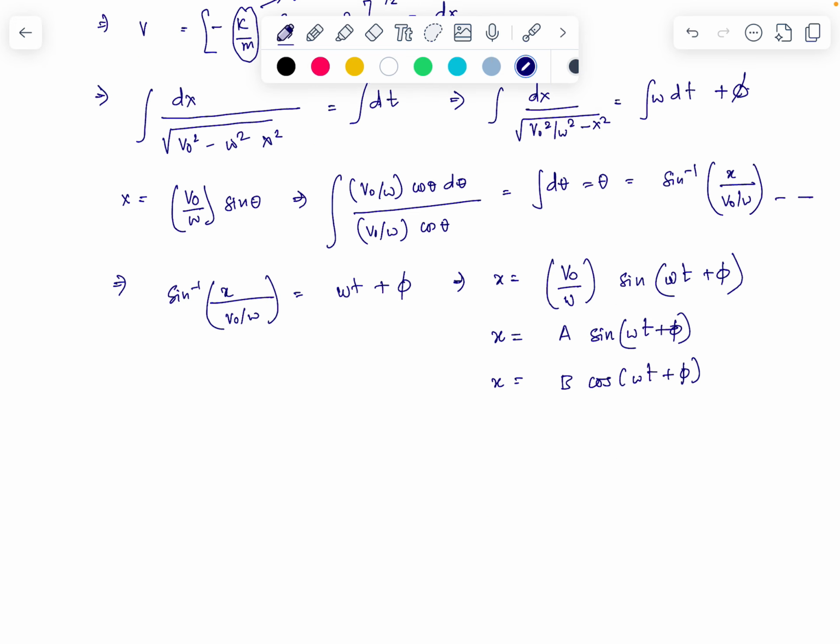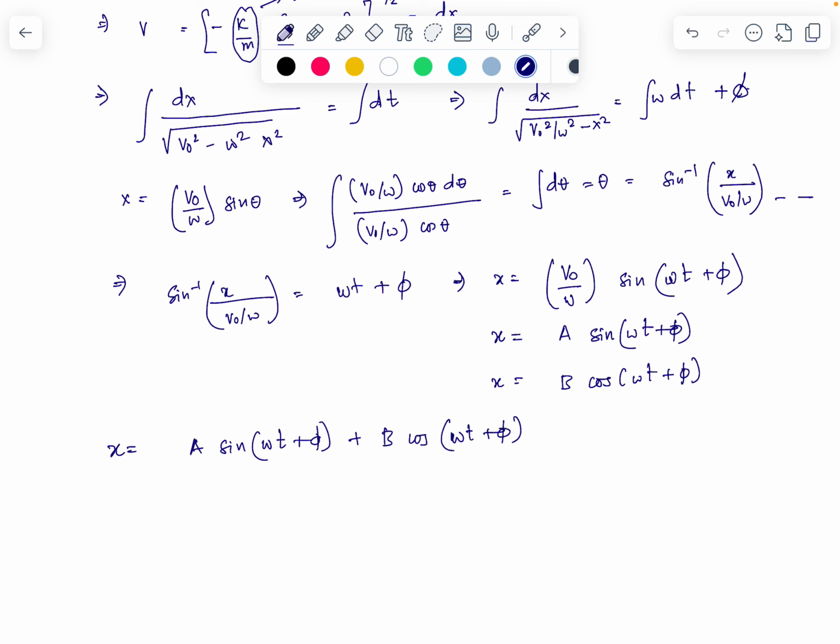So more generally, x can be written as a times sine of omega t plus phi plus b times cosine of omega t plus phi.